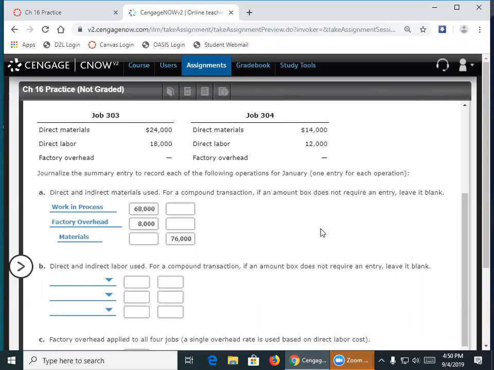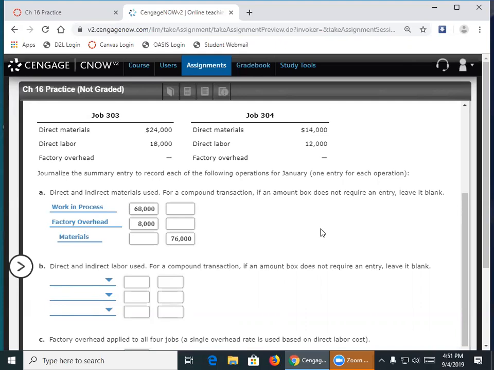You can see where they had a beginning balance in materials, and then in part A they purchased materials. B was materials requisitioned into jobs, and D was overhead, which was indirect materials. So it's breaking it down in the T accounts. I know it's small, but it's in the chapter PowerPoint too, I think. I know it's in the book because I took it from the book. I mean, I borrowed it.